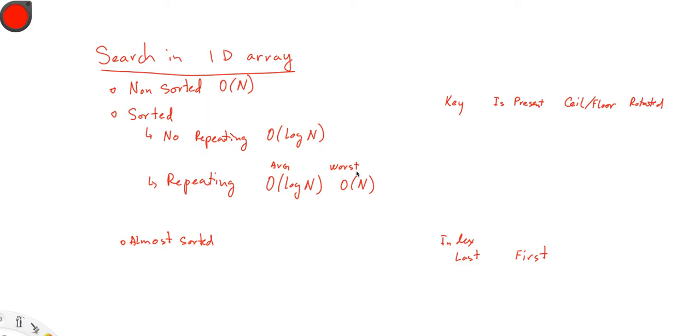In this series of videos, I will talk about search in a one-dimensional array, and there are several cases. The first case is when the one-dimensional array is not sorted. In this case, we cannot do better than O(n), so we just need to traverse through all the elements of the array.